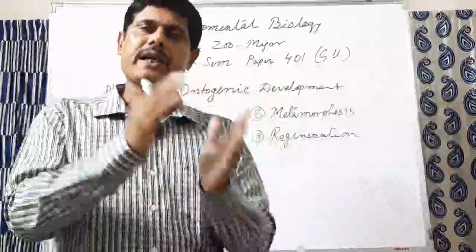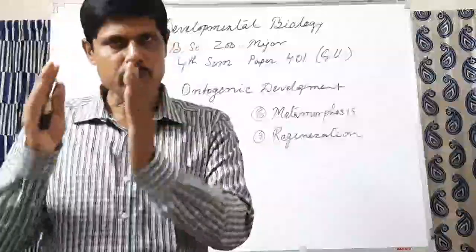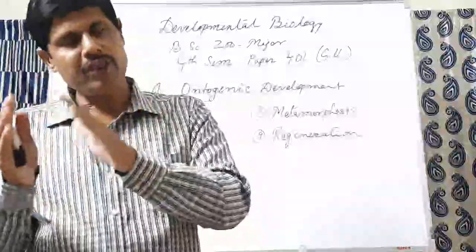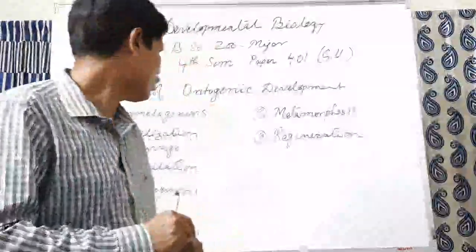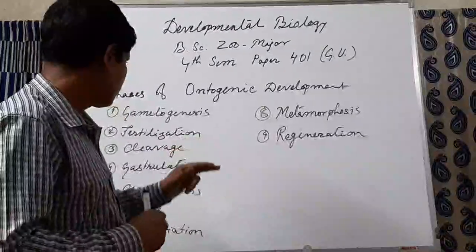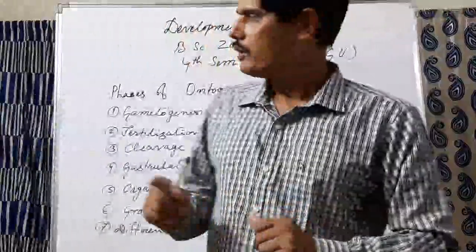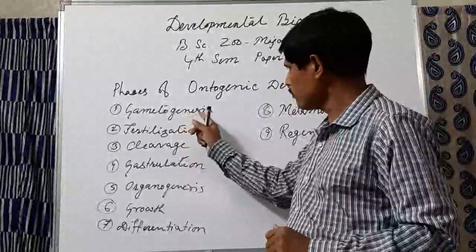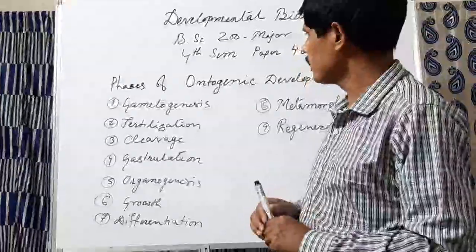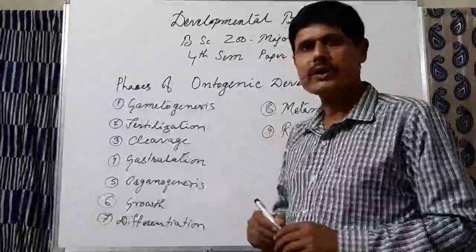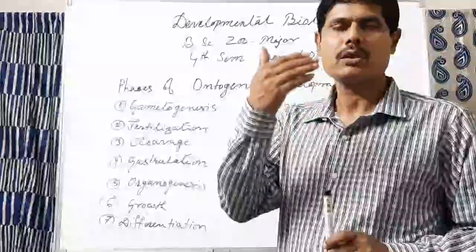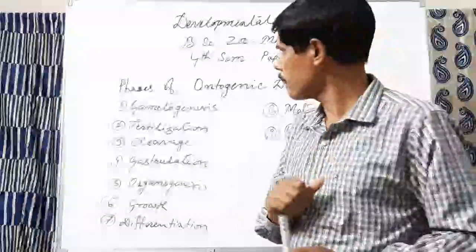The formation and maturation of the male and female sex cells is collectively known as gametogenesis. Again, I have to clarify that the products of gametogenesis are haploid in nature. That means both these cells always have half the number of the original chromosomal composition of the individual.